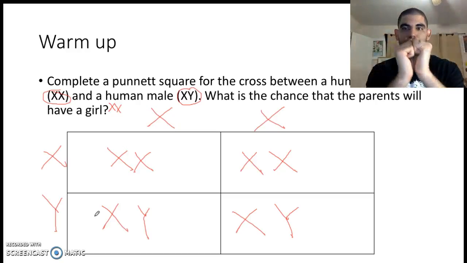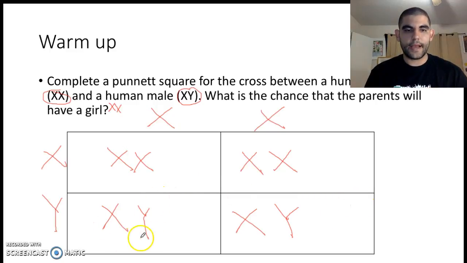When these two join together and form a zygote, this zygote will have an X and a Y chromosome, so there's a 50% chance of being a boy. So what are the chances of being a girl? We have 1/2, or a 50% chance of being a female.